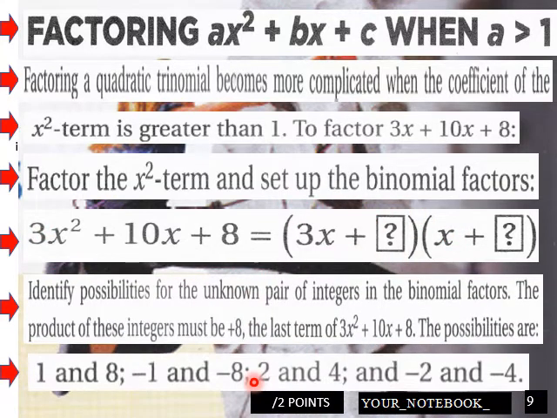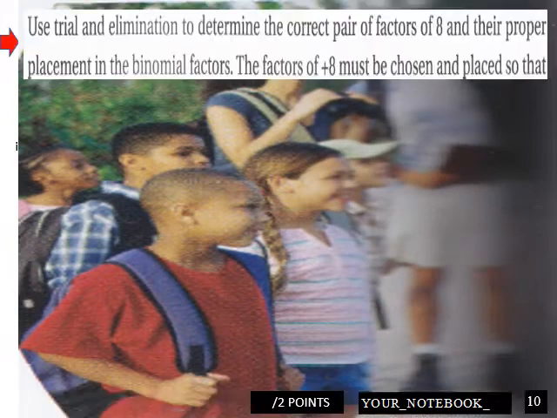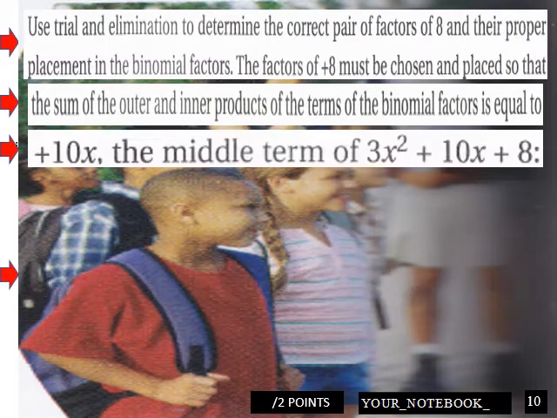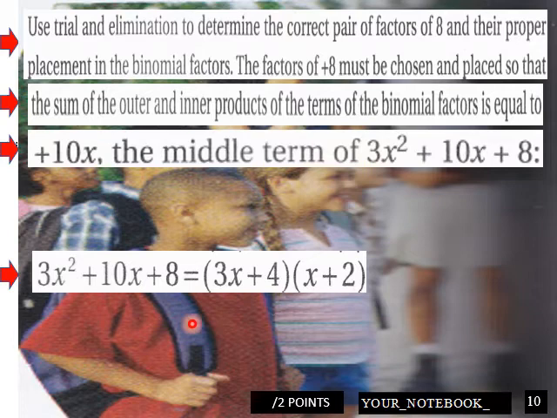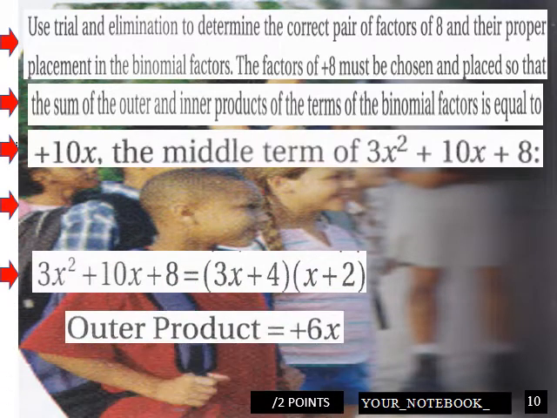Then identify the pairs of integers that, when multiplied together, become 8, either both positive or both negative, but this is positive here, so they both have to be positive. So for the middle term of 3x squared plus 10x plus 8, you come up with 3x squared, 6x, 4x, and then 8. So this will be your factoring right here.